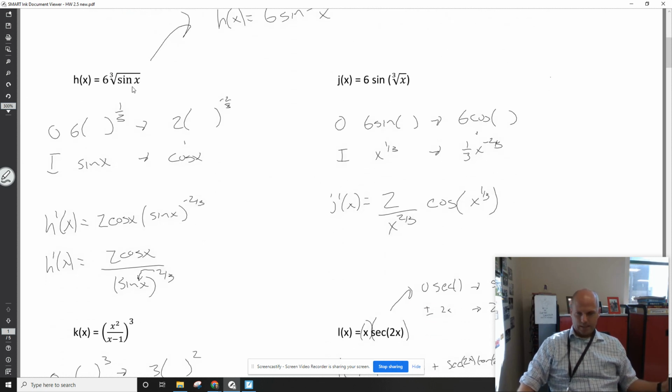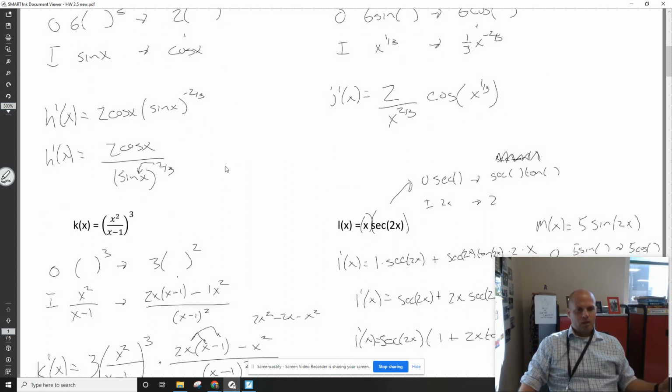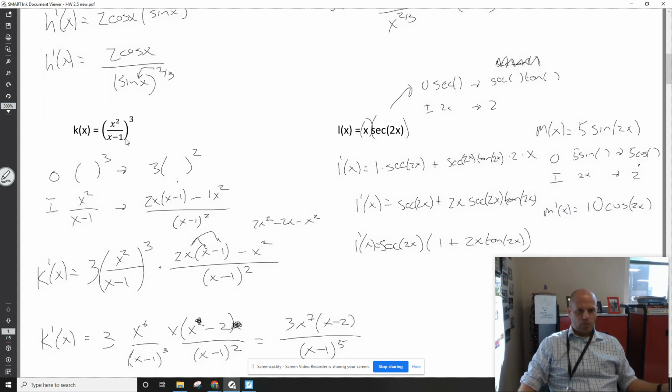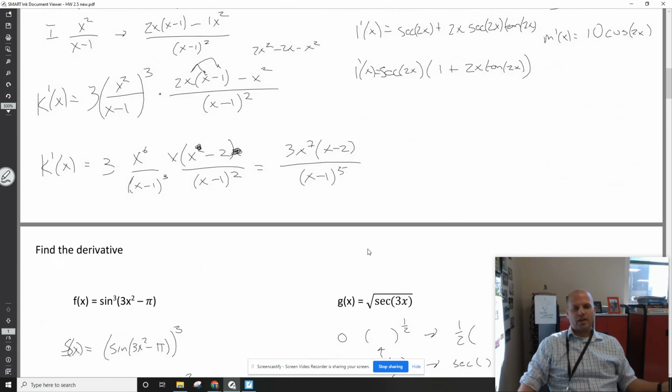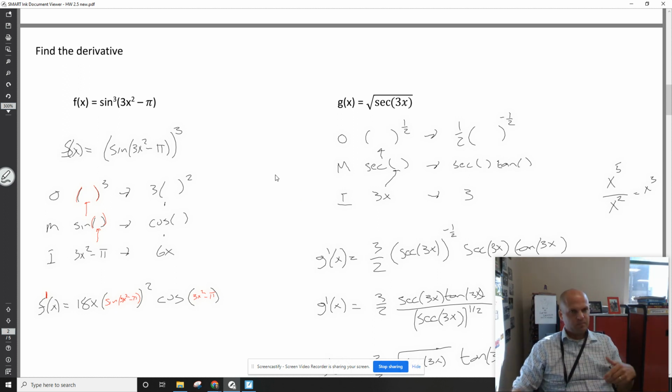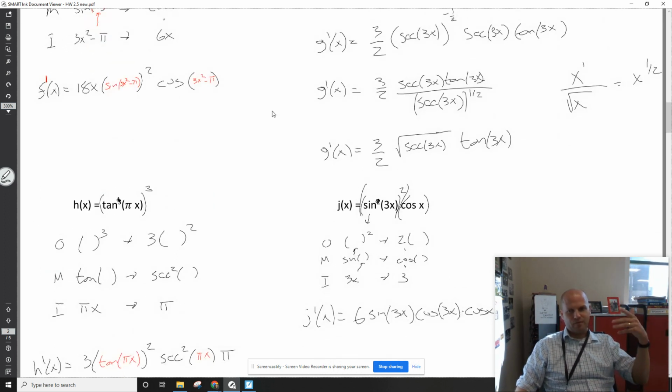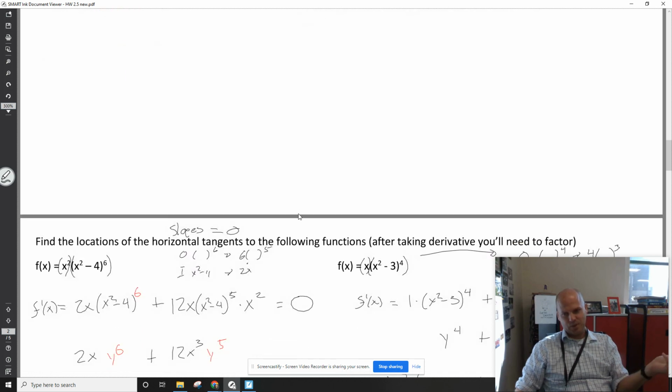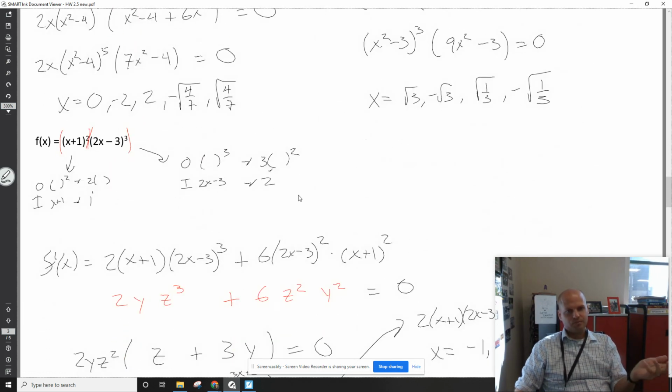Sine is easy to plug in. Not many things, like pi over 2 maybe, but then this is 0. If anything, I'd probably ask you what's the slope of this at 2. But if I ask you what the slope of this at 2 is, you realize it's 0. So with some of these derivatives, it's the process of taking the derivative, maybe solving, but plugging in values, sometimes it's not easy to do and get nice numbers.